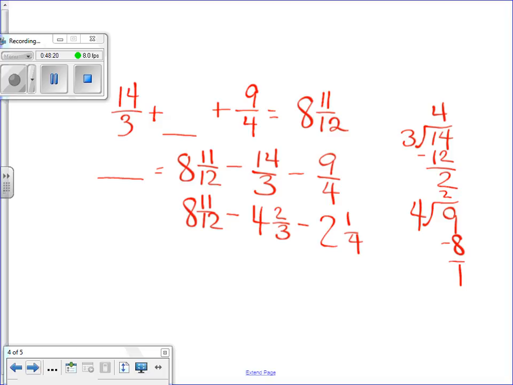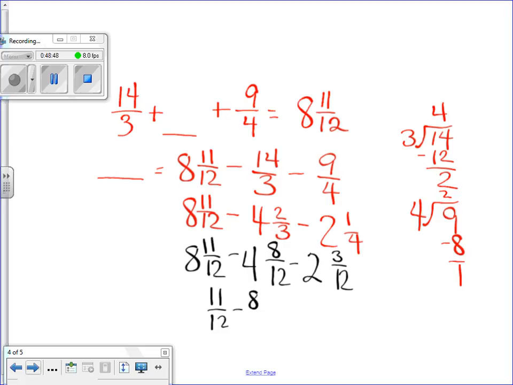Alright. So, common denominator 12. I'm going to leave this one alone. This one would be 12, so then this would be 8. 12, this would be 4. 8. 3. Blah, blah, blah. So, if I look at my fractions, if I have 11 minus 8 minus 3, 11 minus 8 is 3. 3 minus 3 is 0.